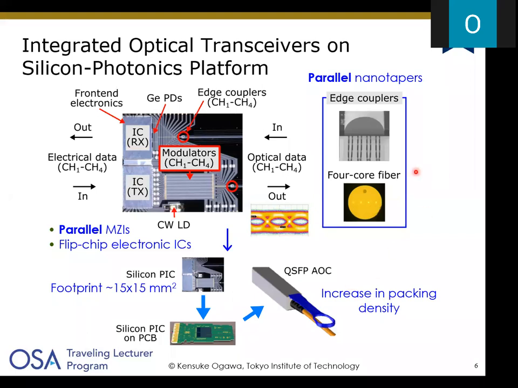Also, some other technologies are required, like integration in a lens in optical fibers, for example, a multi-core fiber. In this case, a 4-core fiber is utilized to transmit parallel lane optical signals in a fiber.